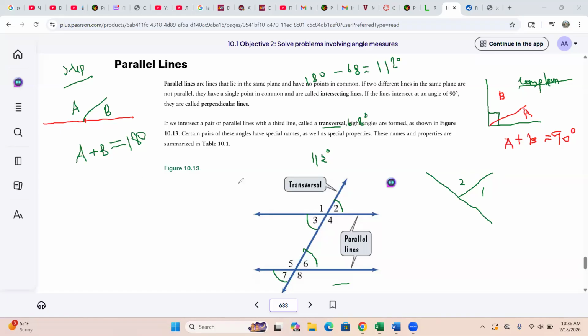And also it turns out angles 1 and 4, the ones that are opposites, right? 1 and 4, as well as 5 and 8, are also all 4 of equal measure.